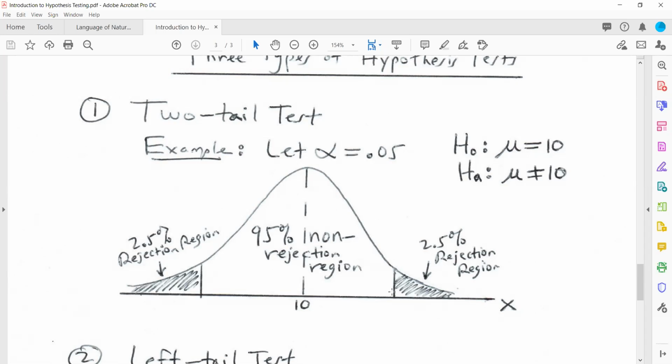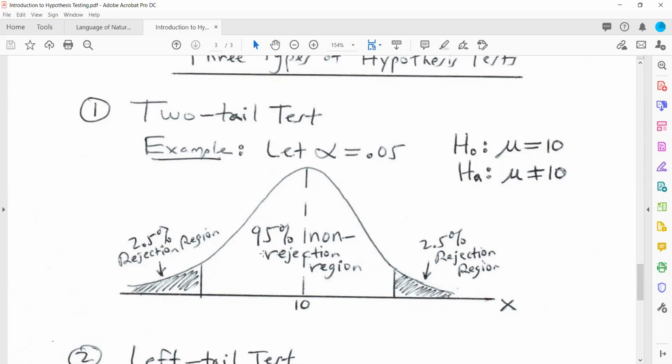I plot it and see where it falls along this number line. If it falls to the right of this value, somewhere in the 2.5% region here, then we reject the null hypothesis. This is called a rejection region. If it's smaller than 10 and falls in the 2.5% area down here, we would also reject it.